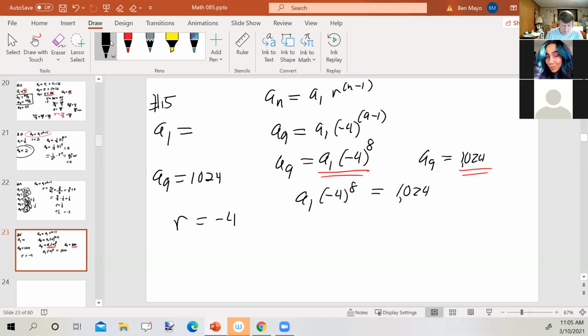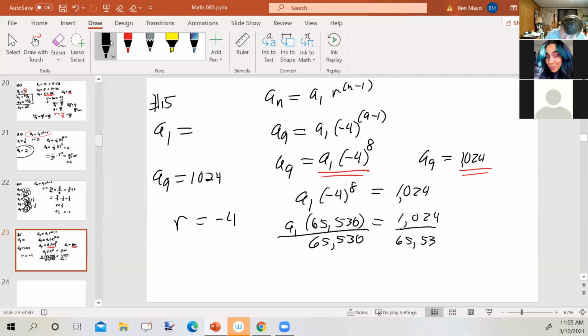Let's take the quantity -4 and raise that to the 8th power. And that is 65,536. So this would be a sub 1 times 65,536 equals 1024. Well, I'm going to divide both sides by 65,536.